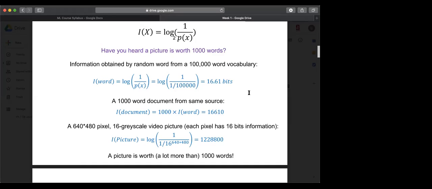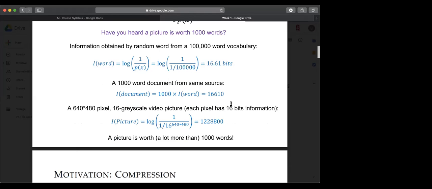I can say with more certainty that the next probability of an event falling in this event space would more likely follow this distribution, right? So I'll have more information about that than if I had to pick one random word from a dictionary of 100,000. There are more possibilities, so I get less information on average from each of these events.